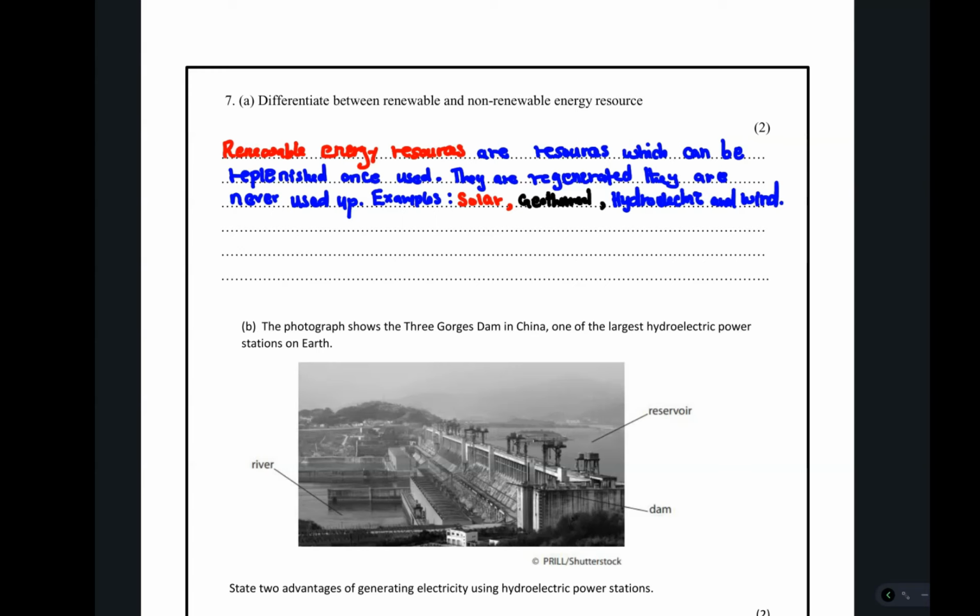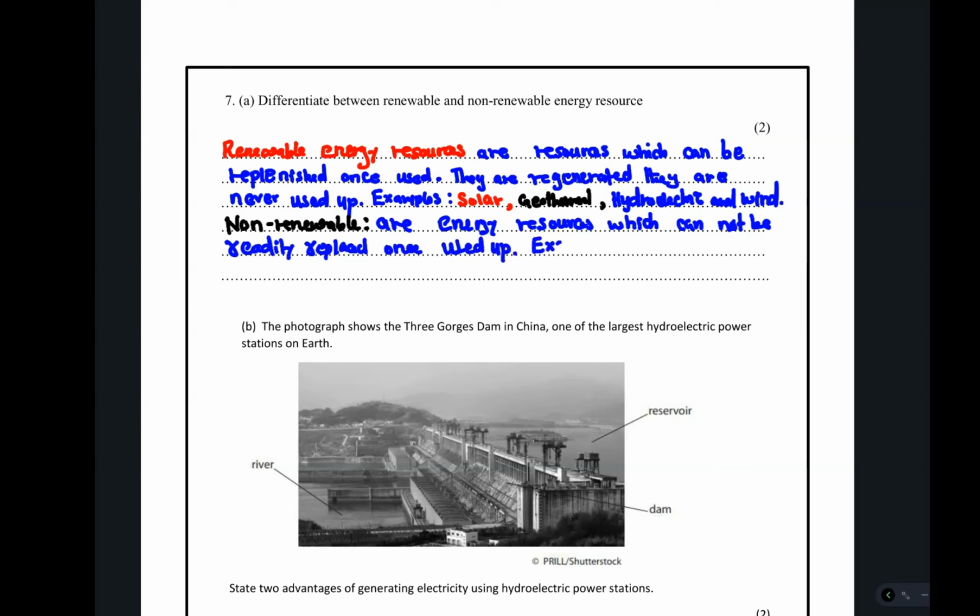Now we can talk of non-renewable energy resources, which are type of resources which cannot be readily replaced once used up. Once you use them, it takes a longer period of time to replace them, or you cannot even replace them.